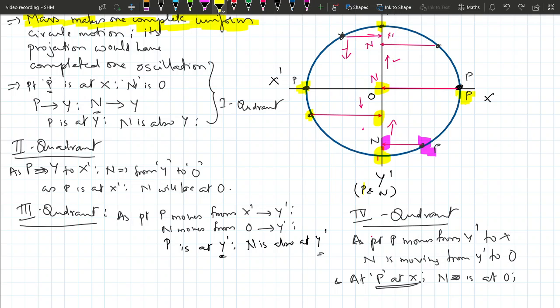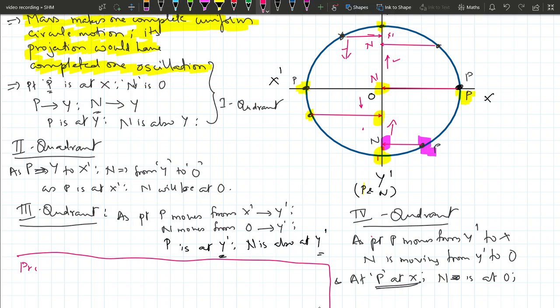Clear? So therefore, as the mass M makes one complete uniform circular motion, its projection N would have made one complete oscillation. It is making one complete oscillation. So, keep in mind, the projection is exhibiting simple harmonic motion.